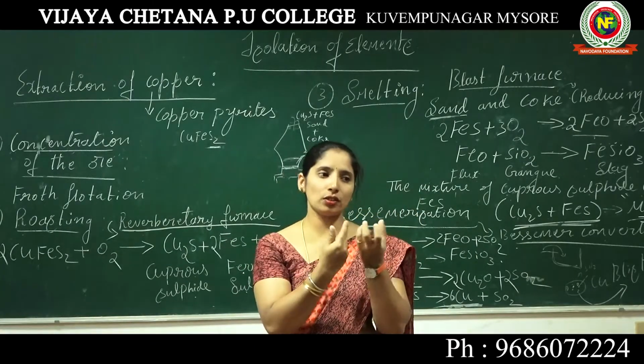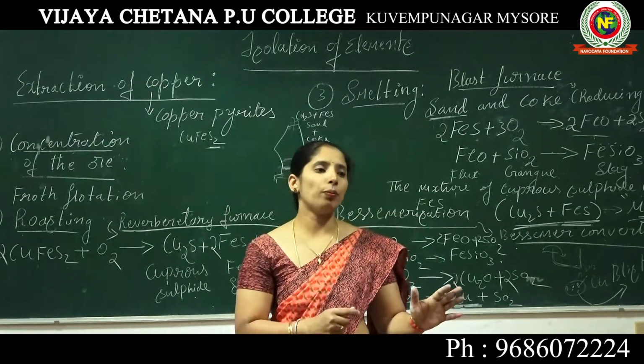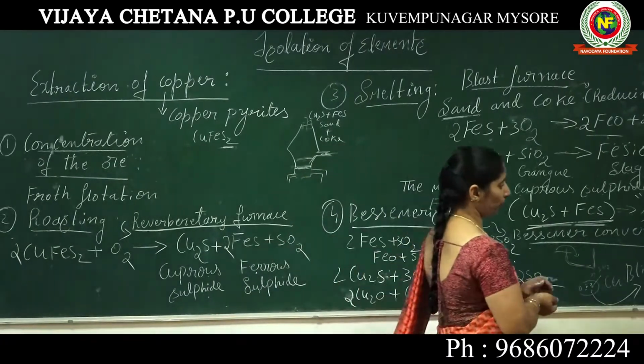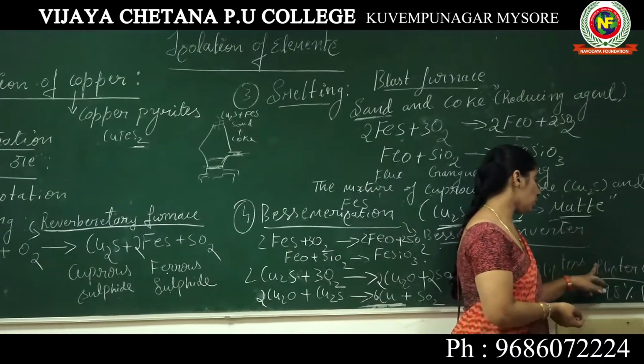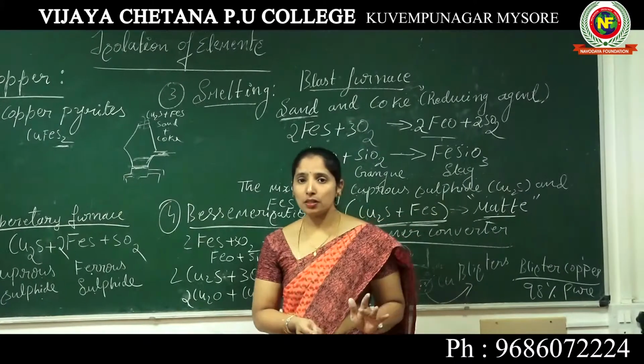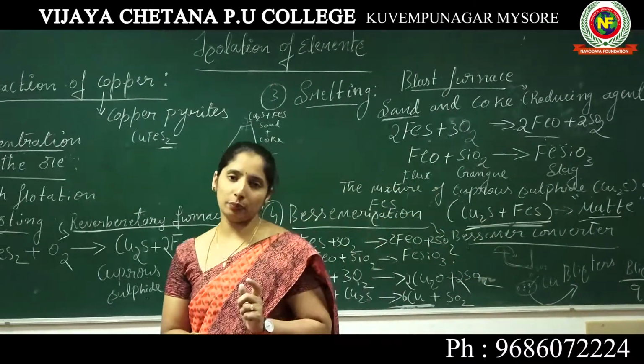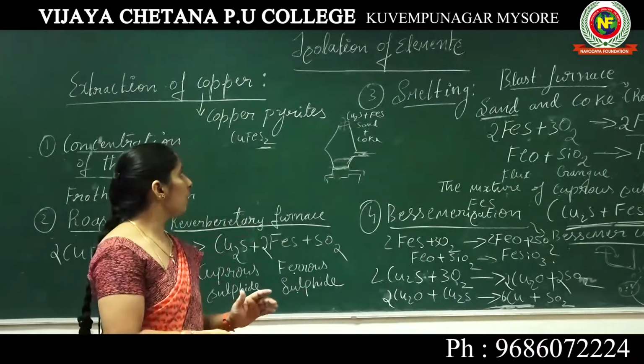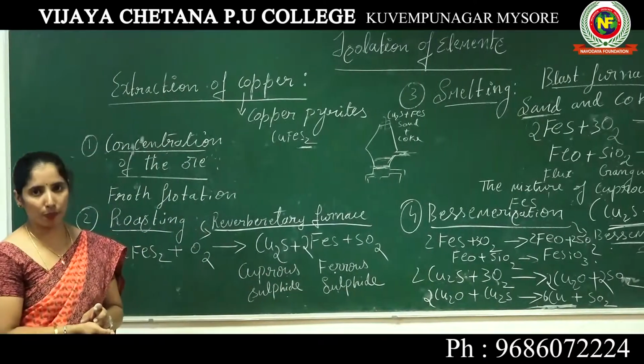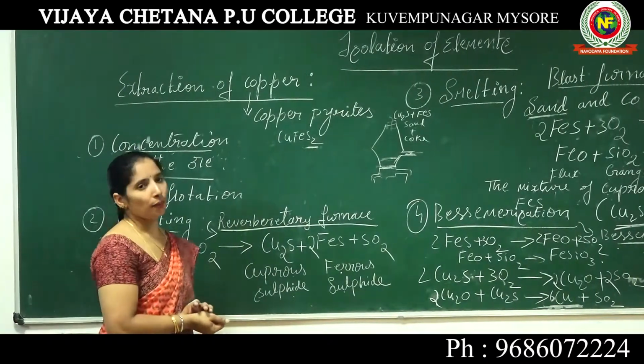Blisters on the surface. So that copper we call blistered copper, which is 98% pure. So this is about the extraction of copper from the ore, copper pyrite.